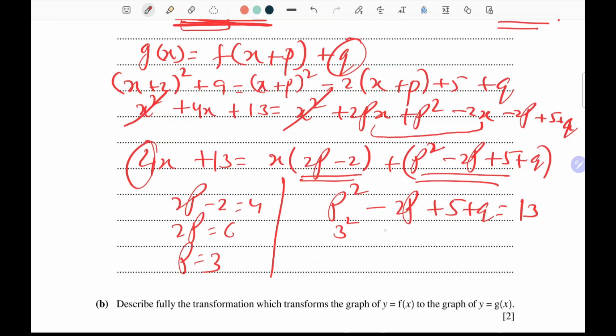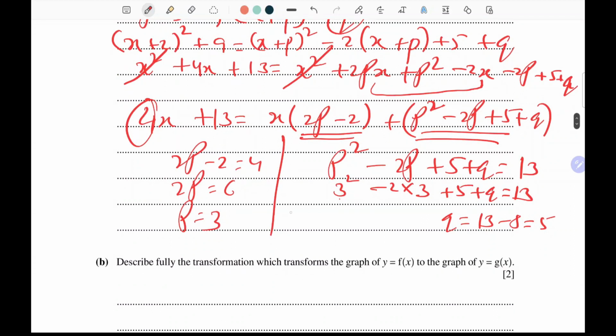So p is 3, so 3² − 2 × 3 + 5 + q = 13. So 9 − 6 is 3, plus 5, 8. So q = 13 − 8, is it 5? I got p = 3 and q = 5.